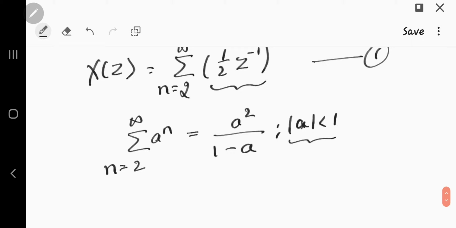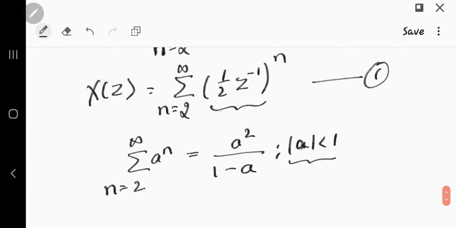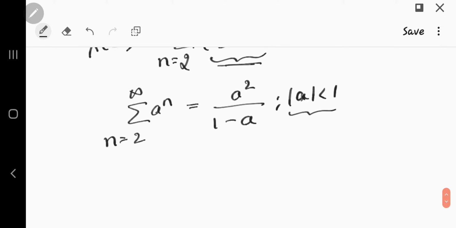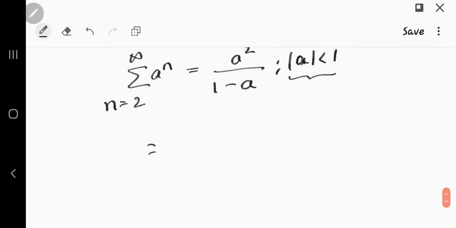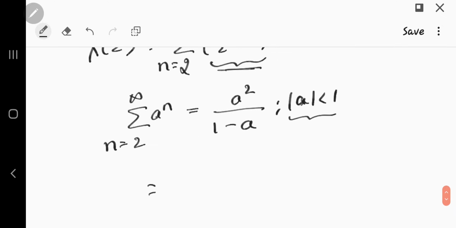We can take this for the ROC, or we can just take the term which is applied before the geometric series. So, this term should converge. Now, based on that, in place of a we have 1 by 2 z inverse.